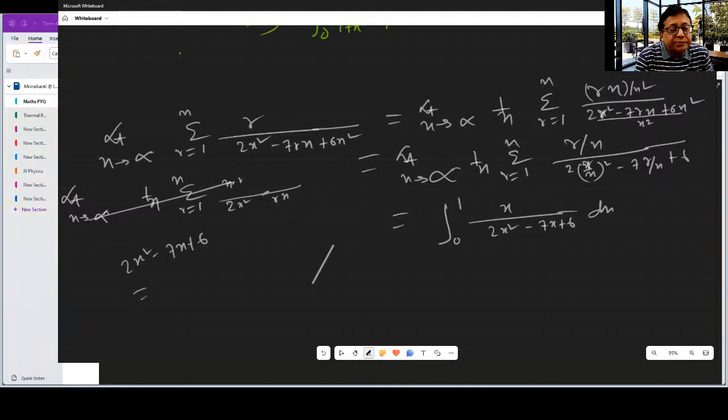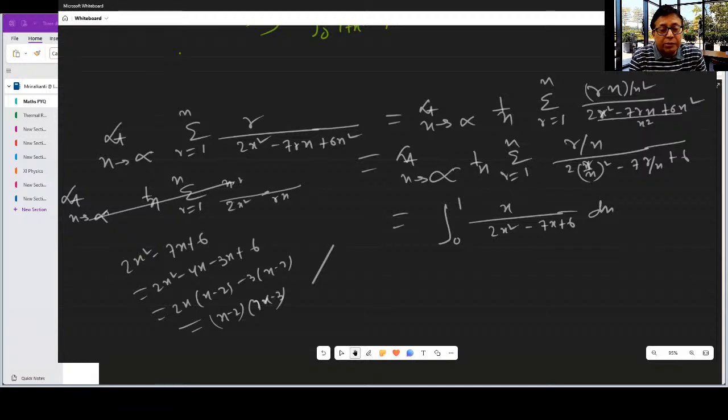2x square, common x minus 2, so this you write x minus 2 into 2x minus 3 dx and go by partial fraction.